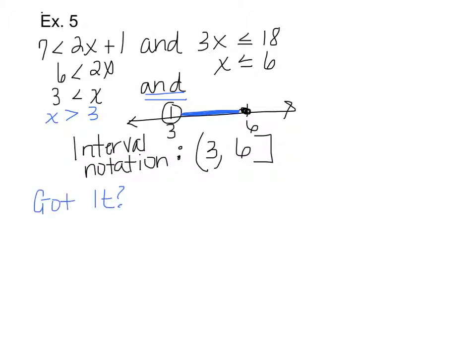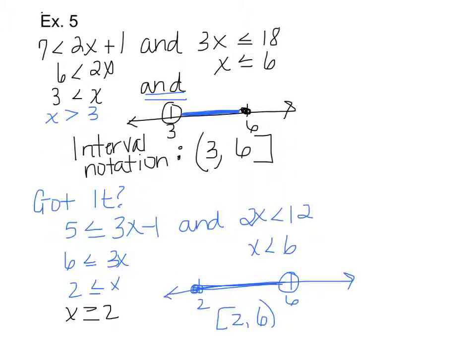Okay. Now you can try 5 is less than or equal to 3x - 1, and 2x is less than 12. So I'm going to give you time to try it, and then we'll check our solution. Okay?